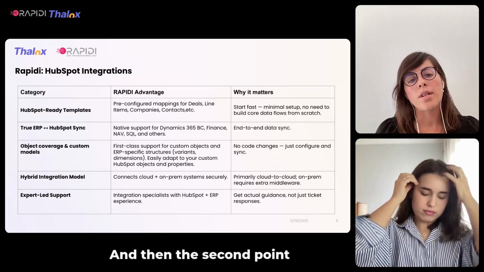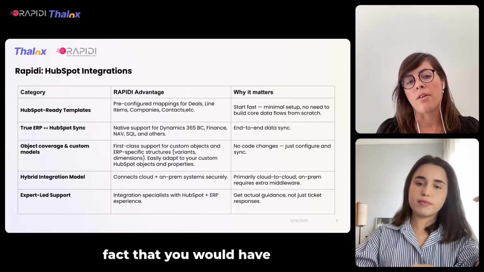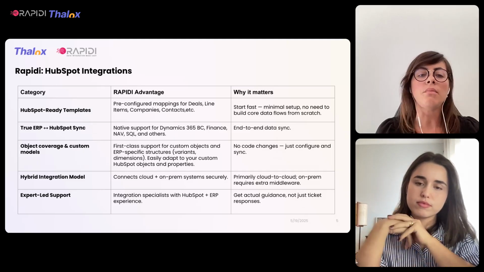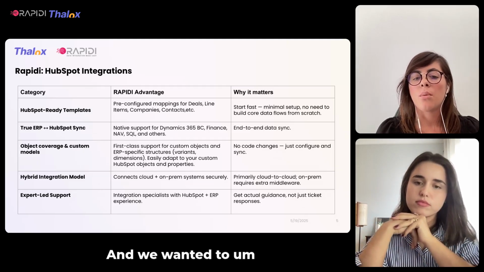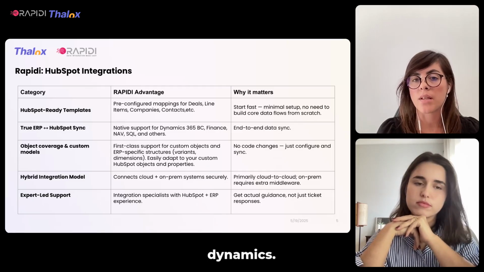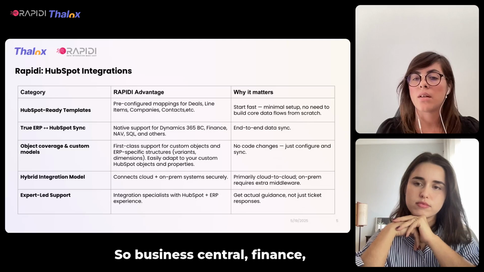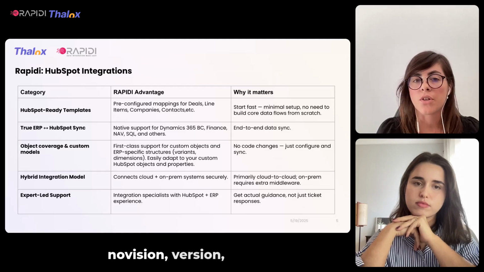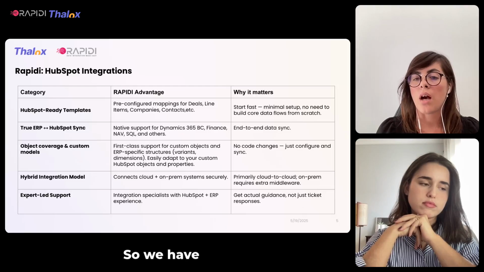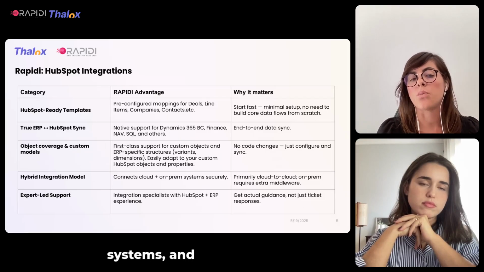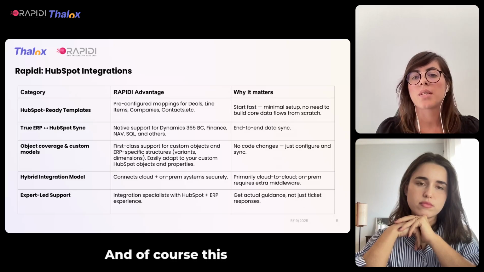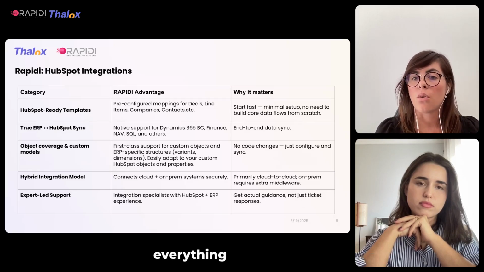The second point is that you would have a real ERP and HubSpot sync. We want to focus here on the fact that we have native support for Dynamics: Business Central, Finance, older Navision versions, SQL, or any other ERP that you might use. We have great support for those systems, and we can ensure that data is sent back and forth. Of course, this matters because then everything will be in sync.